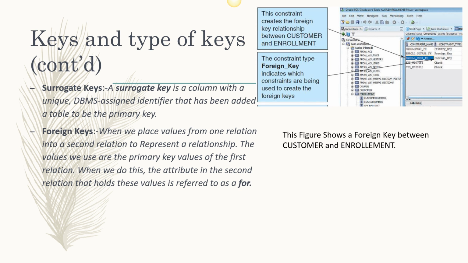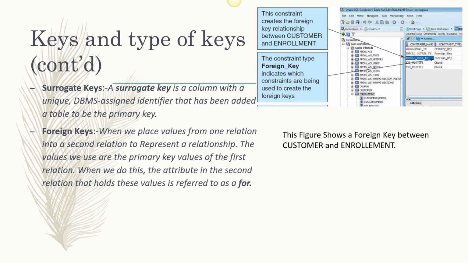Keys and types of keys continued. A surrogate key is a column with a unique DBMS-assigned identifier that has been added to a table to be the primary key. Foreign keys: when we place values from one relation into a second relation to represent a relationship, the values we use are the primary key values of the first relation.